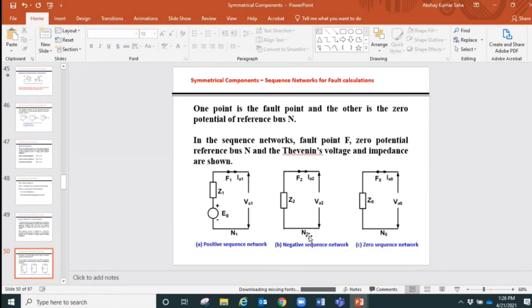For negative sequence, it should be N2, Z2, F2, IA2, VA2. For zero sequence, it should be N0, the reference bus or the neutral bus for the zero sequence network, and Z0. So that's how we draw them, and that's the simplest form of all the sequence networks that we are talking about, meaning three of them.